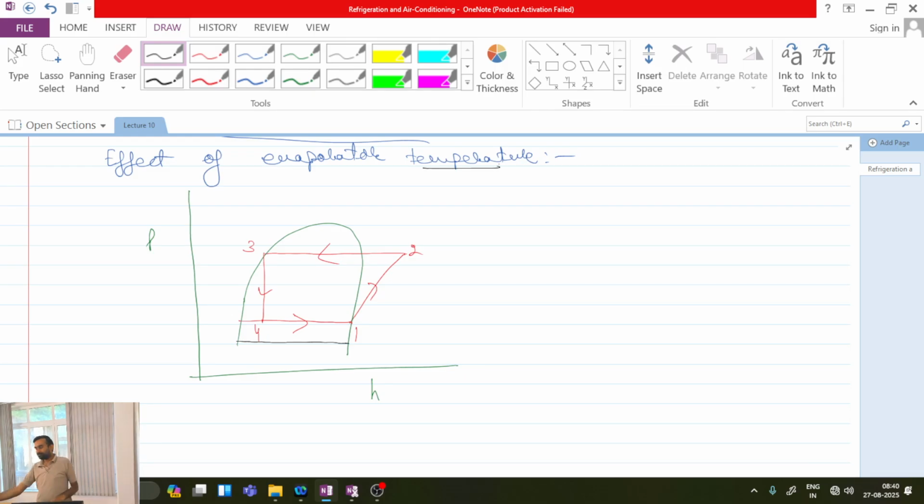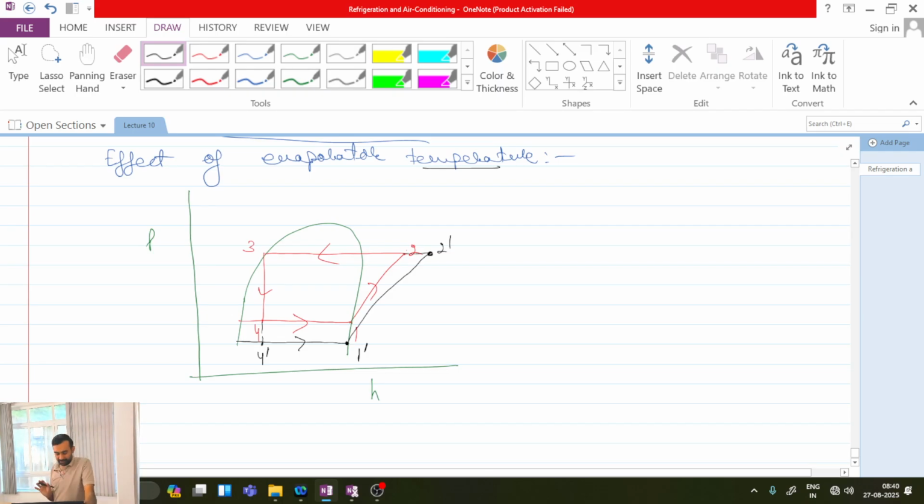So if I decrease the evaporator temperature, I will end at some point 1 dash, and the expansion I have to do up to point 4 dash. Then from 1 dash I will have the compression process, and I will get to some point 2 dash.